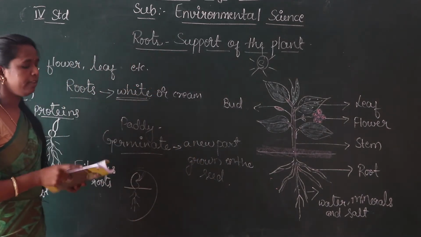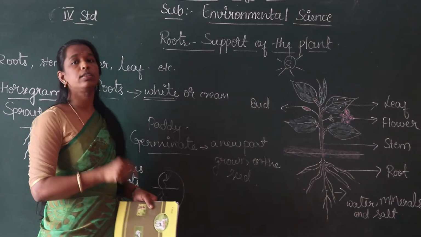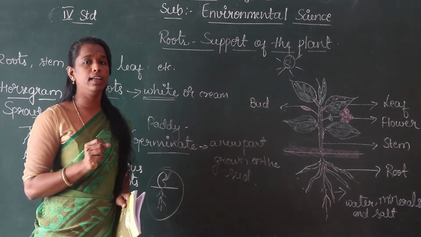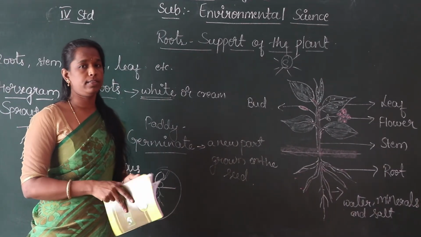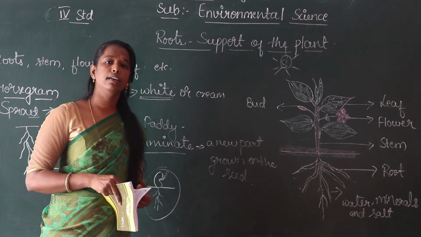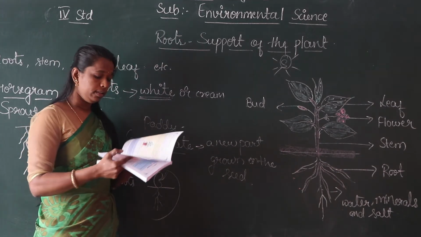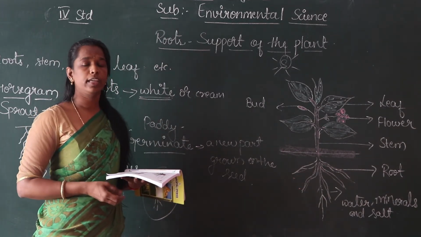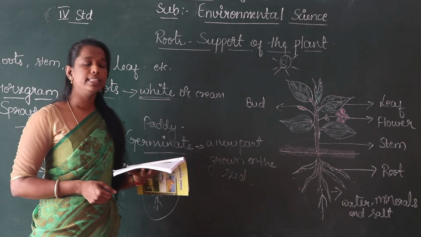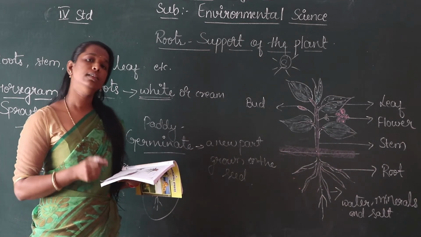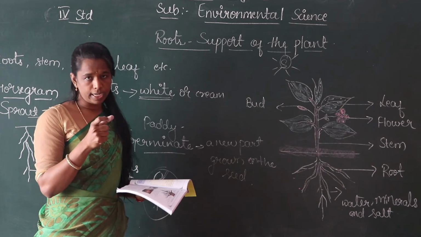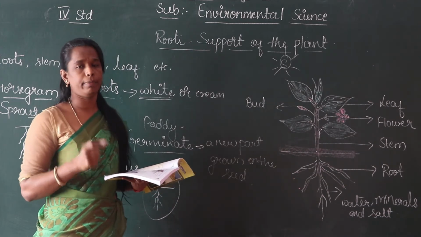And also we see some roots are used for medicinal and cooking purposes. What are the cooking purposes roots? The roots like radish, carrot, beetroot, sweet potato are the vegetables used as a root in cooking.